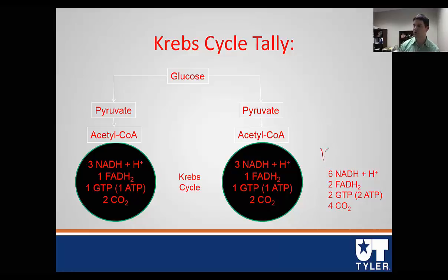So total from the Krebs cycle only, we get 6 NADH, 2 FADH2, 2 ATP ultimately, and 4 CO2. We can also add this to the acetyl-CoA step. So don't forget these, but in this we'll have 2 CO2 and 2 NADH.